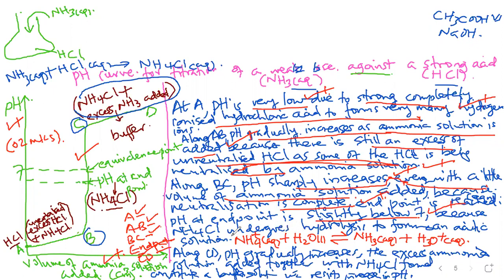What is the reason? Ammonium chloride undergoes hydrolysis to form an acidic solution. This equation may be given a mark, it may not. pH gradually increases along CD, why. This whole statement here will give you half a mark. You end up having your 1, 2, 3, 4, 5 marks.